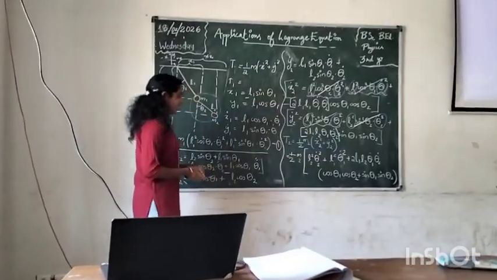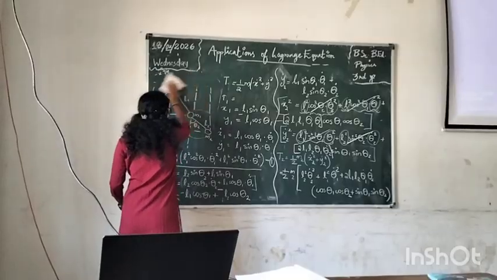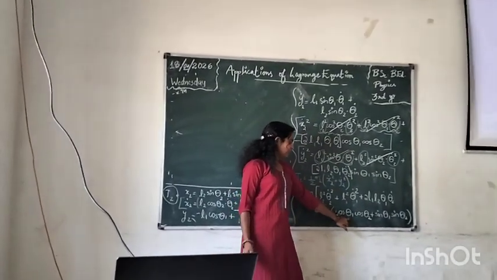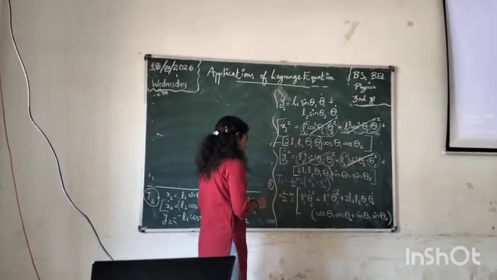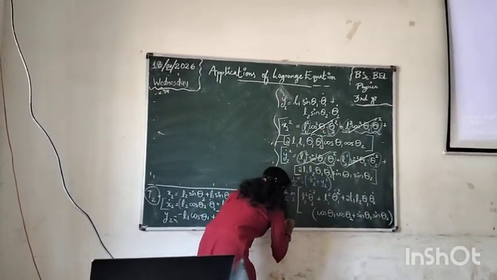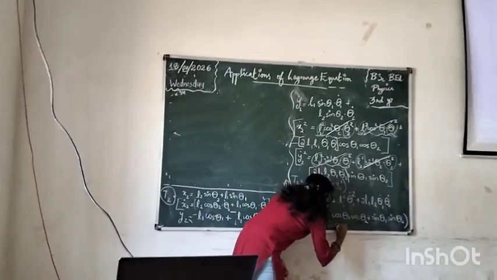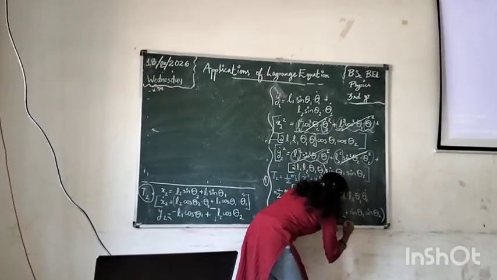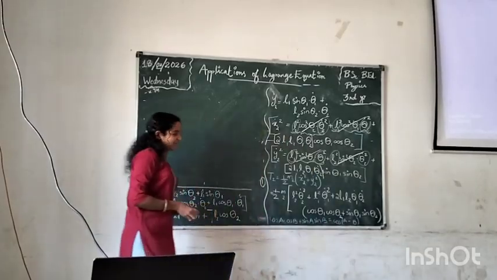So we will be having like this, and I am writing this. This is in the form of a trigonometric identity: cos A cos B plus sin A sin B is equal to cos(A minus B).